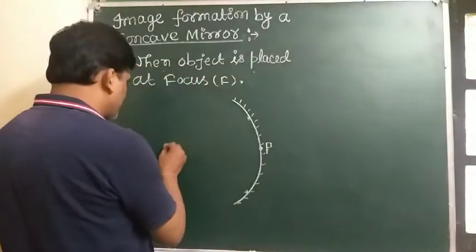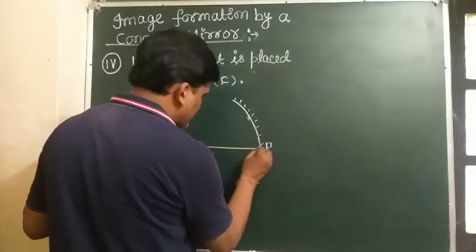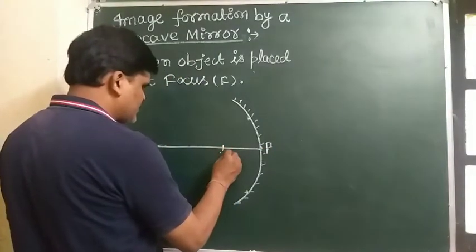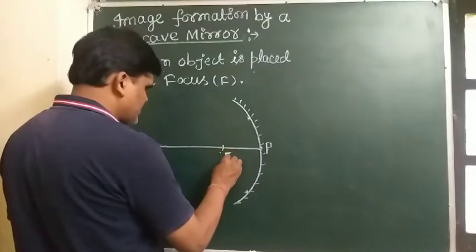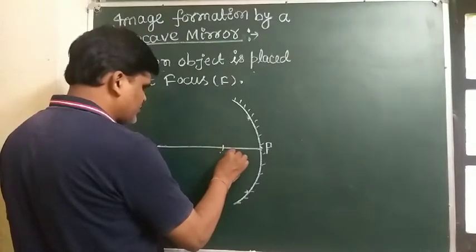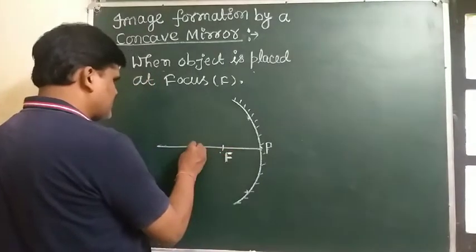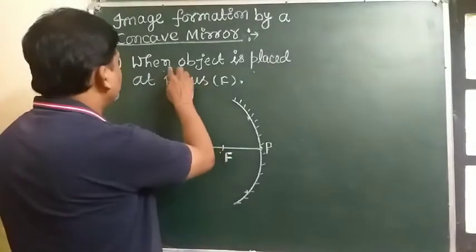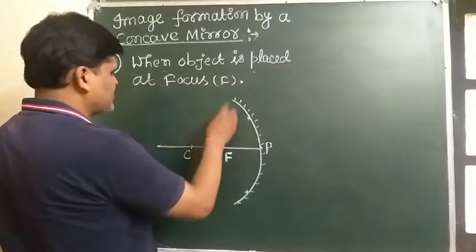This is the pole of the concave mirror, this is the principal axis, this is the focus, and this will be the center of curvature.